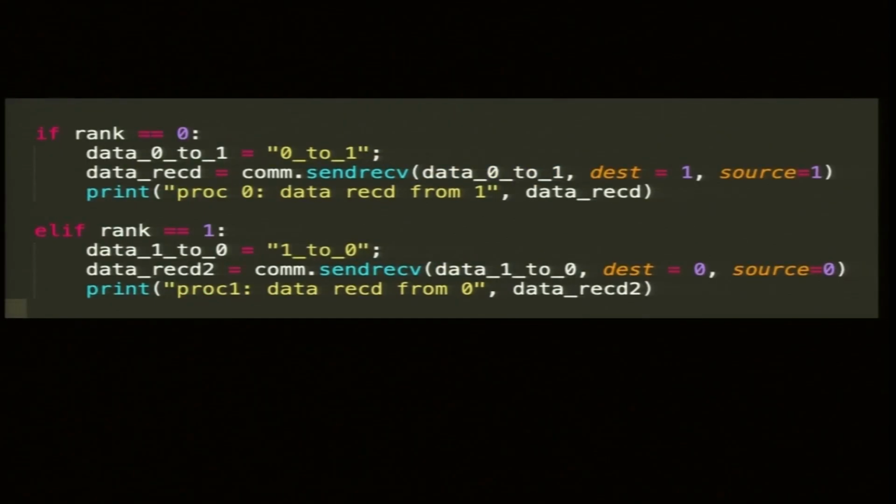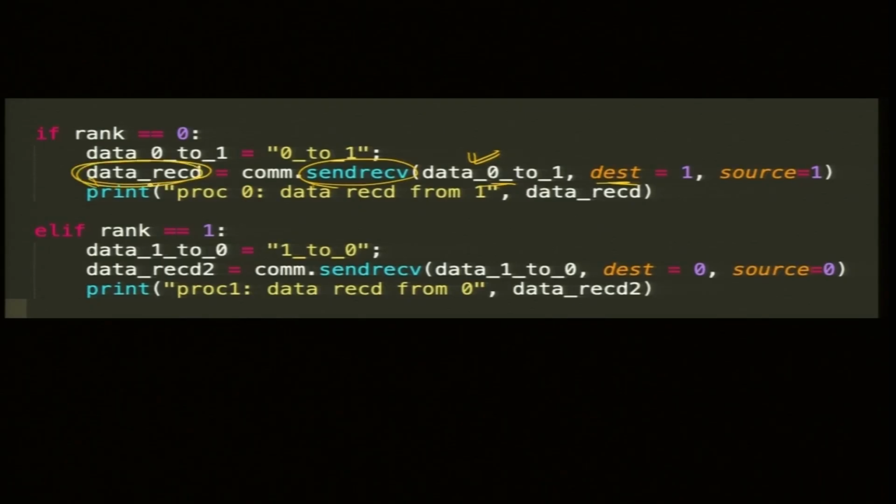There is another way to end the deadlock, by this new function called send receive. So, what does send receive do? It sends the data. There are two variables now. This is to be sent. The destination is 1, but I am getting some variable, I receive it here.